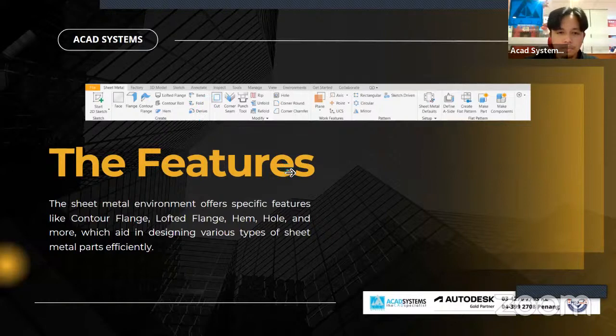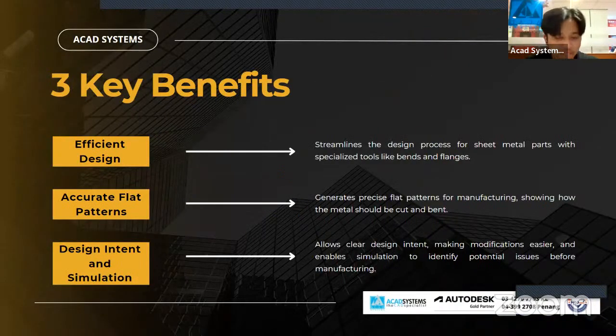All right. So the three key benefits of using sheet metal design in Inventor Pro. First, efficient design: it streamlines the design process for sheet metal parts with specialized tools like bends and flanges. Second would be accurate flat patterns: it generates precise flat patterns for manufacturing, showing how the metal should be cut and bent.